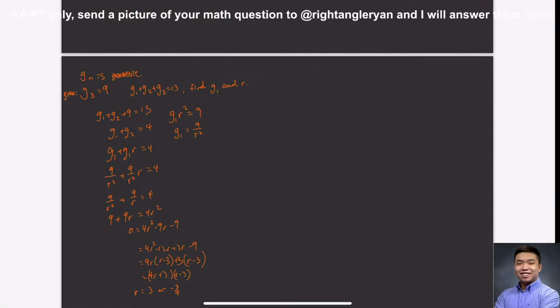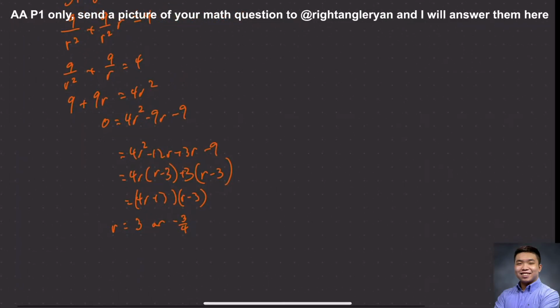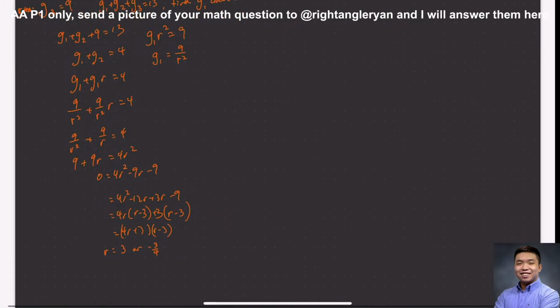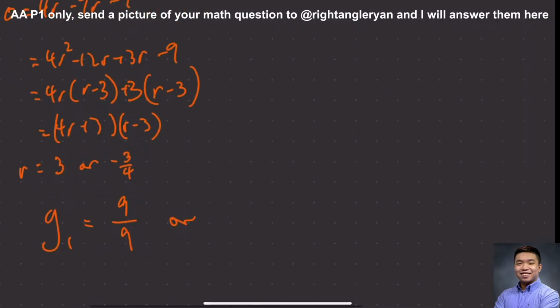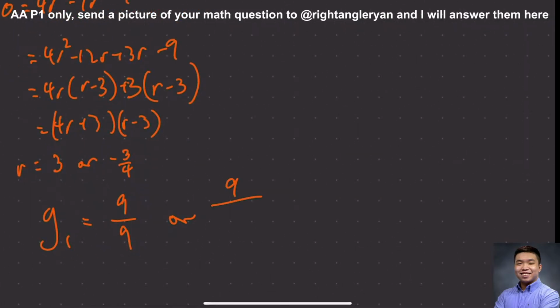Okay, if that's the case, then G1 will be either 9 over 9, which is 1, or 9 over r squared, so 9 over (3 over 4) squared.